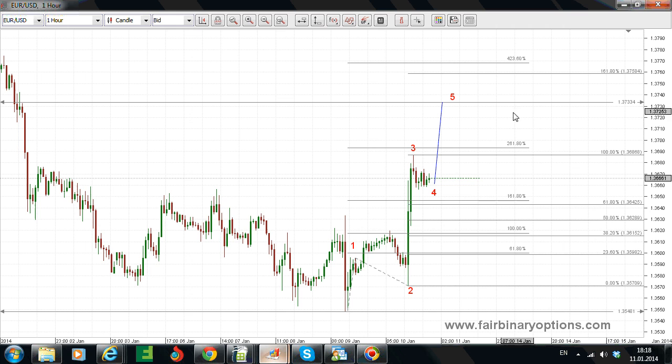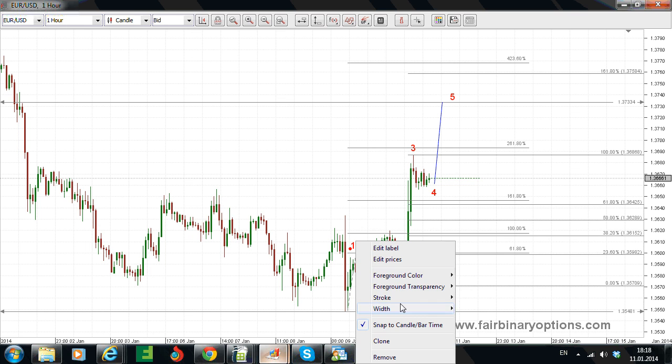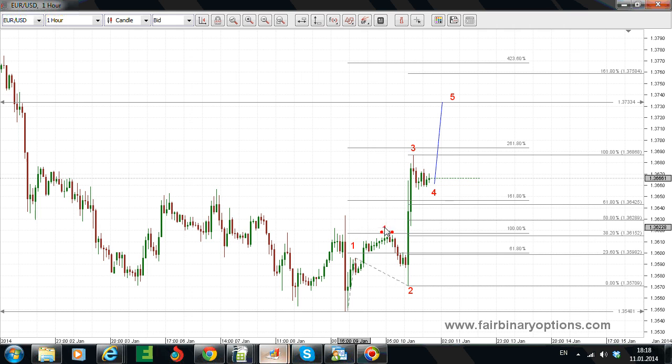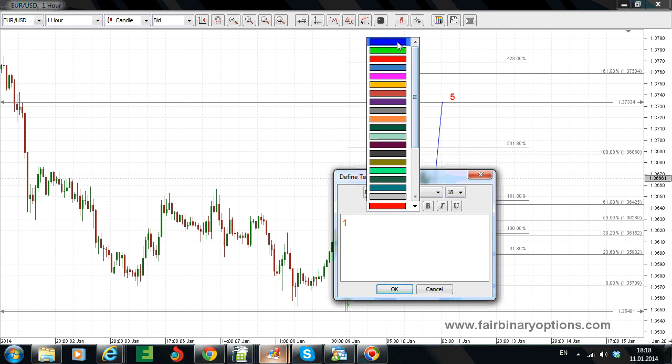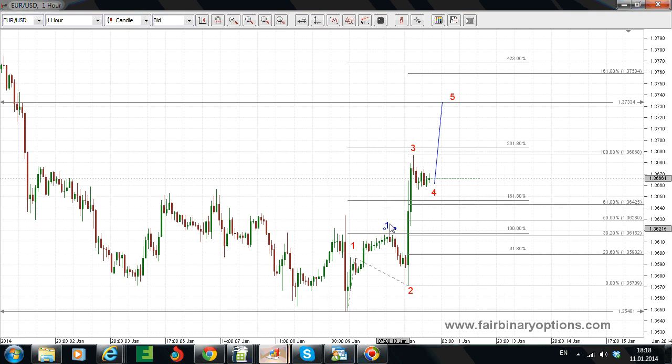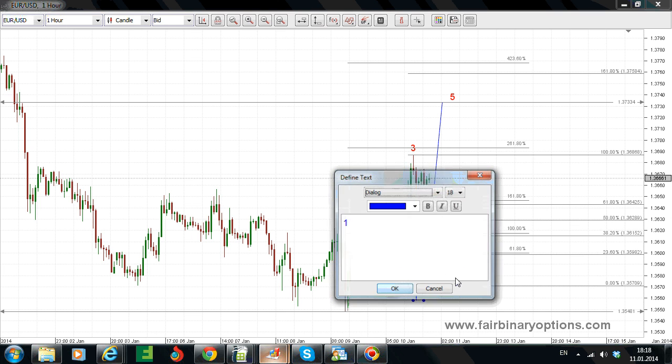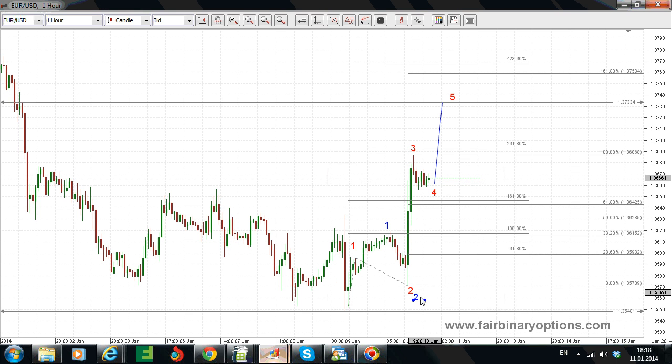If on the other hand we have another situation, and that is calling the first wave to be here. So let's say that if the first wave is here, let's clone this one, let's put it here, let's make it a different color, let's put it blue, for example. So if the first wave is done here, and then the second wave here, like this.